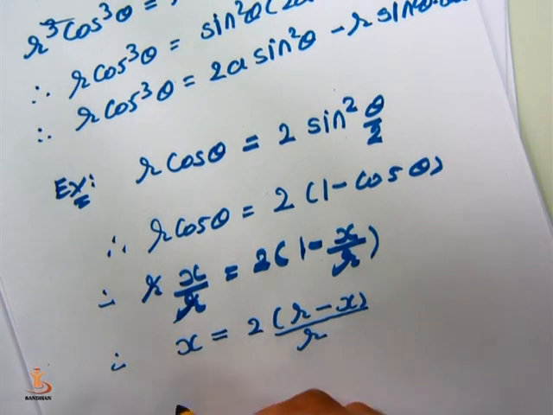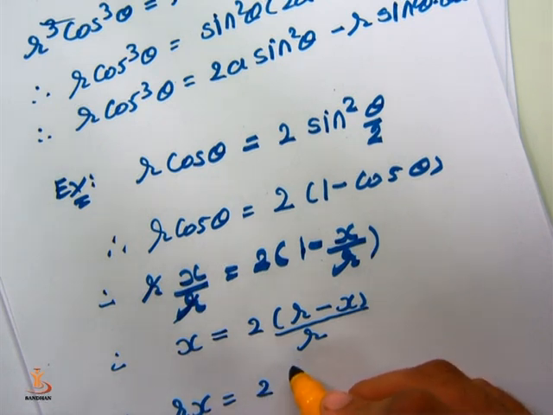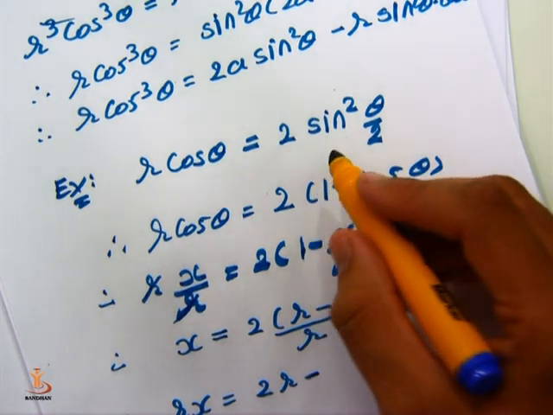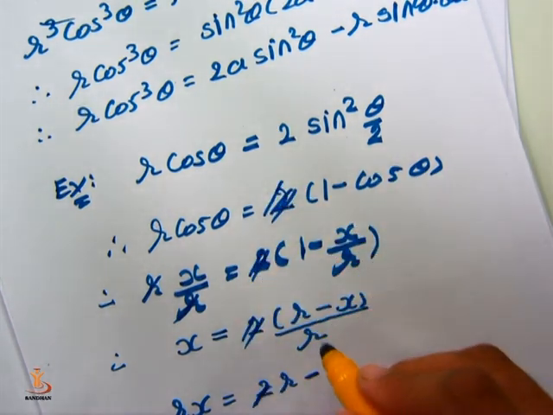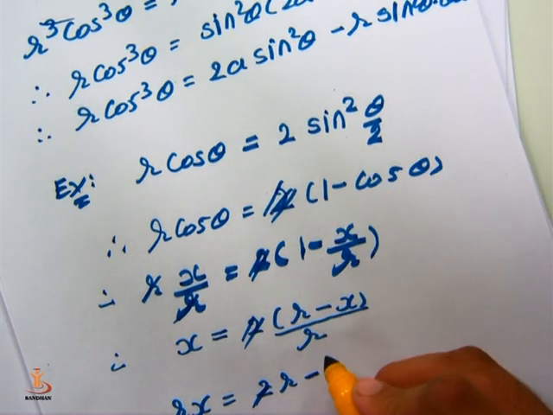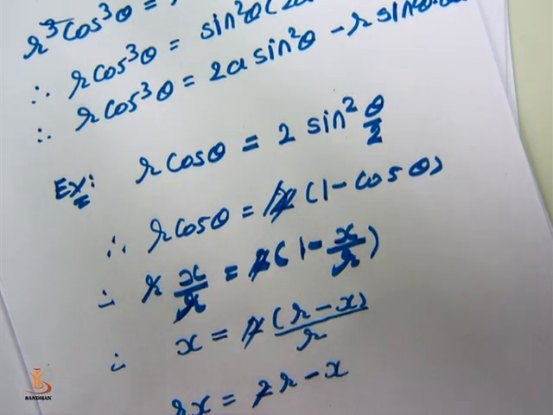So r will be multiplied with x, like rx equals 2 r minus, this is only 1 minus cos theta, not 2, that is r minus x. So you take this r to the other side, you get r into (x minus 1) equals 2 minus x.